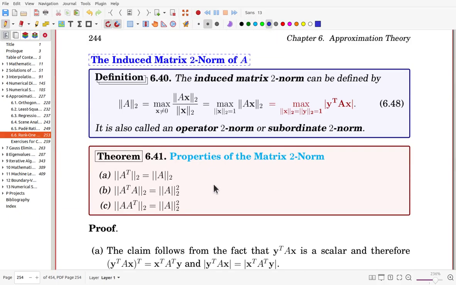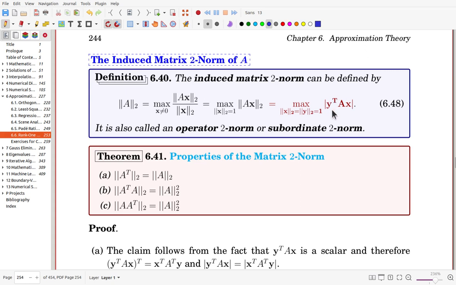In this definition, we'll try to expand the definition of the induced matrix 2 norm. For matrix A, its induced 2 norm is defined in this way or that way. You already know that. But that quantity is the same as this one, maximizing that scalar. A x is multiplied, so it is a vector.